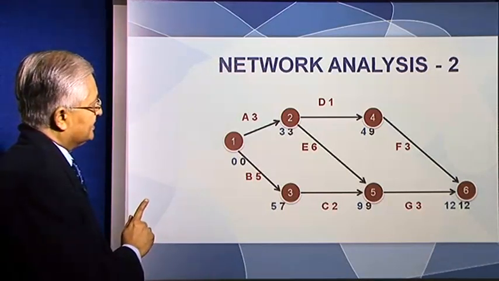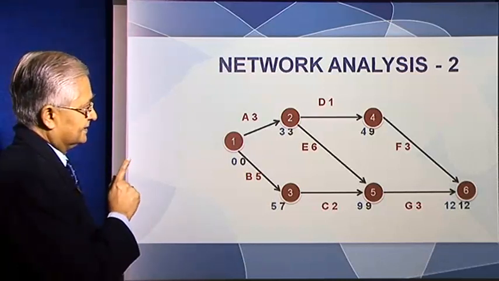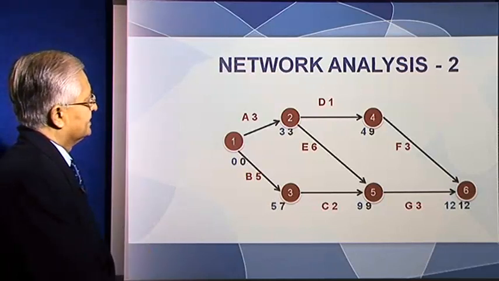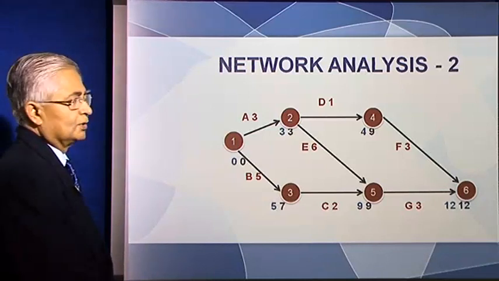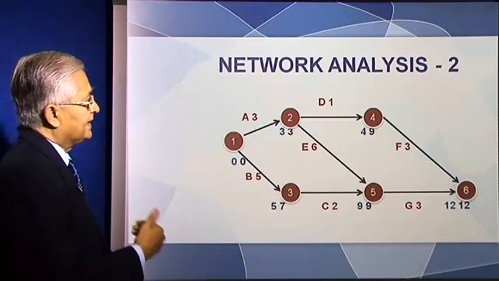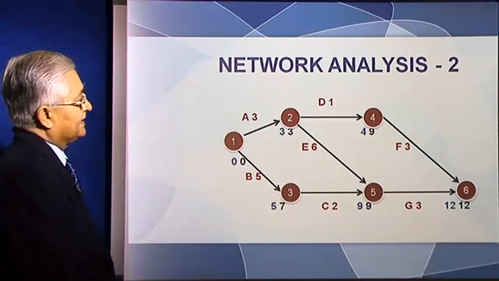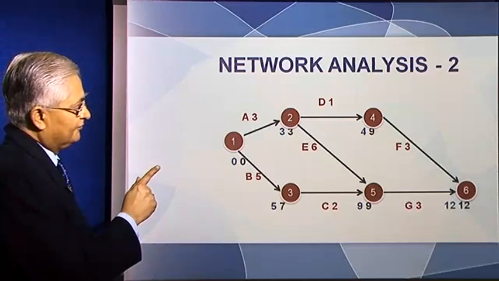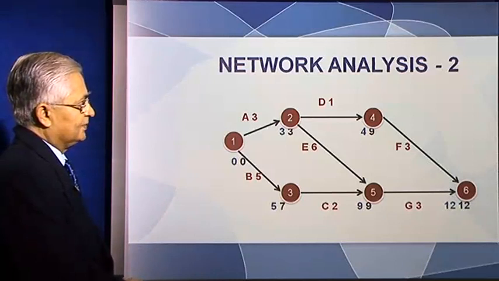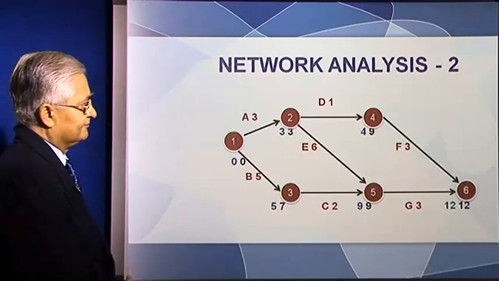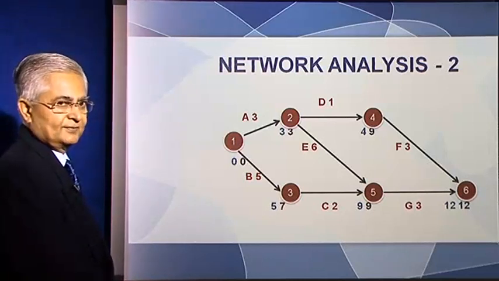The earliest we have reached circle 2 is at the end of the 3rd month, the blue figure. Now activity D takes 1 month. So when is the earliest we can reach 4? At 4, which is the blue 4 shown there. So the earliest we can reach event 4 is at the end of month 4.